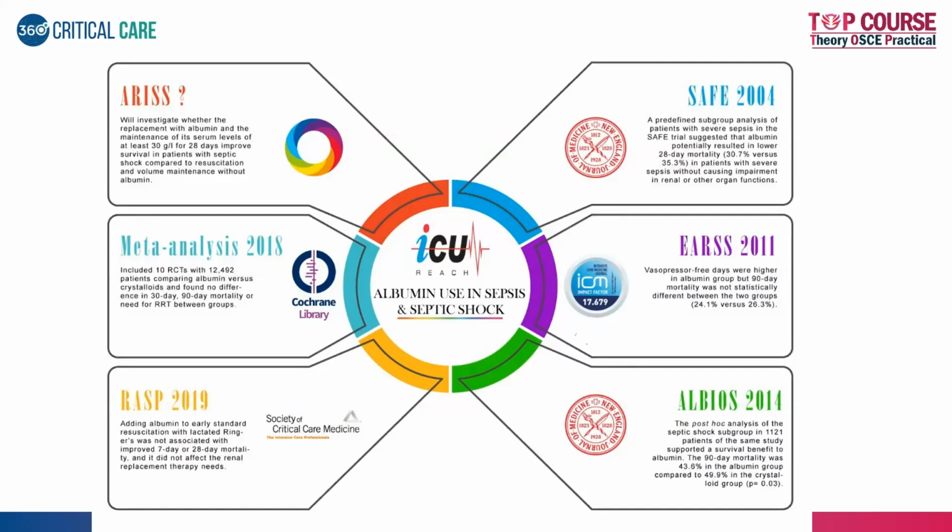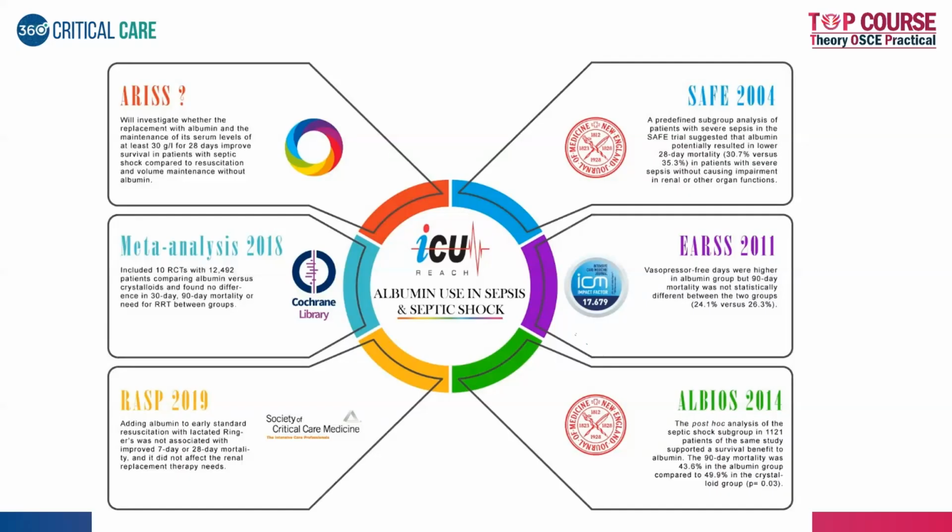So the take-home point from albumin is it can be used in patients requiring larger volumes, and in patients with non-TBI type of sepsis. If it is TBI, please do not use 4 to 5% at that particular time. Probably it's better to use 20% albumin.